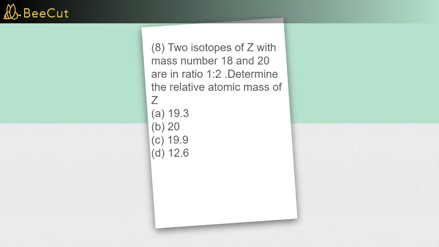Two isotopes of Z, with mass 18 and 20 in ratio 1:2, determine the relative atomic mass. How will you determine the relative atomic mass of two isotopes?